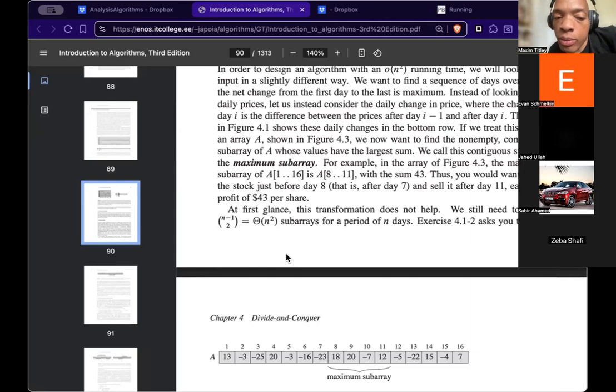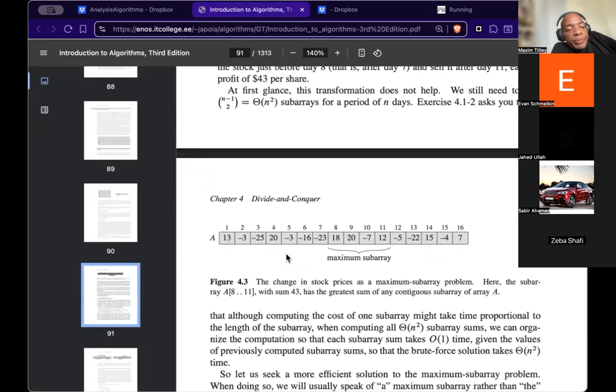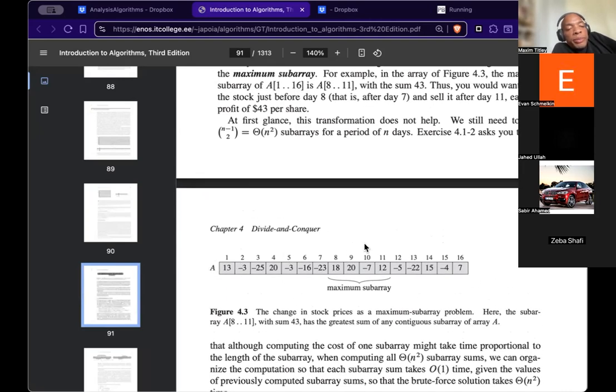If we treat this row as an array named A, which is in 4.3, we now want to find a non-empty contiguous subarray, the maximum subarray. So by way of illustration, we want to consider the array of figure 4.3, which is this right here. And what we get is the following.